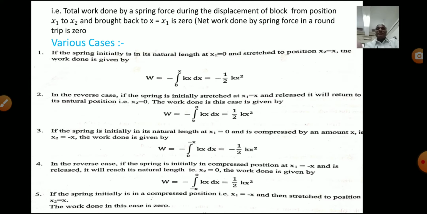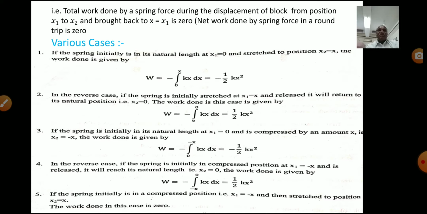Now the second case is the reverse case, that is if the spring is initially stretched at x equal to x1 and released to its natural position, that is x2 equal to 0. Its initial position is x1 which is equal to x, the stretched position, and the final position is its natural position, that is x equal to 0.